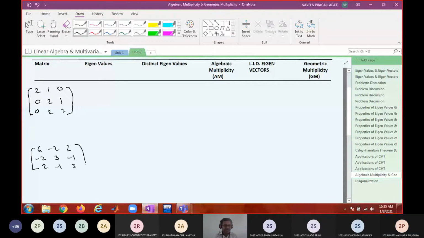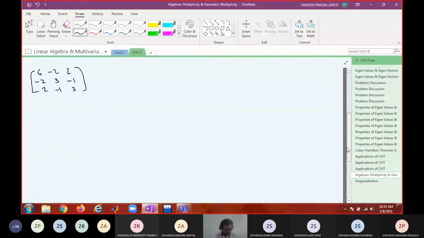Am I right? Yes. And the third matrix is 8, minus 6, 2; minus 6, 7, minus 4; 2, minus 4, 3. Is it okay? Now for the first matrix, what are the eigenvalues you got?